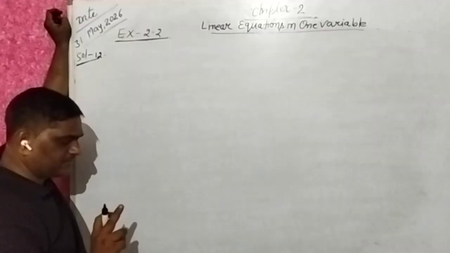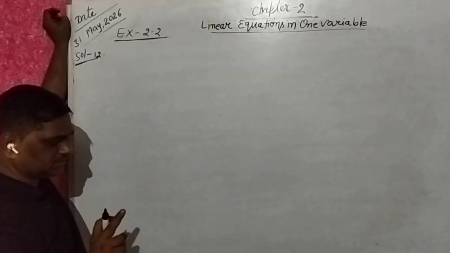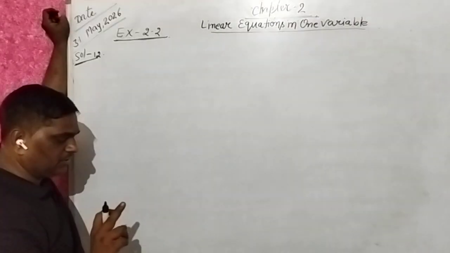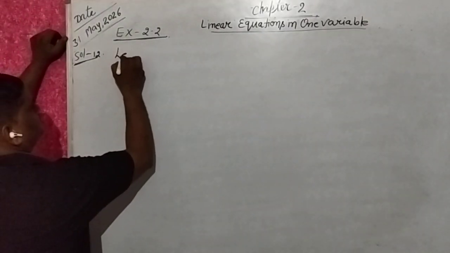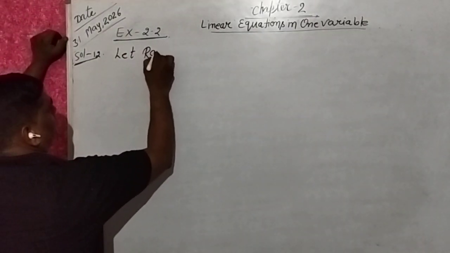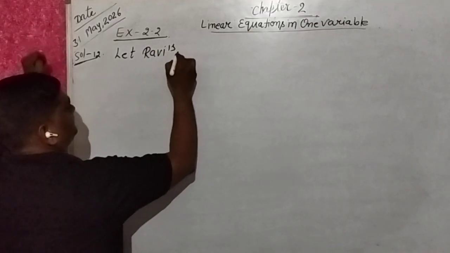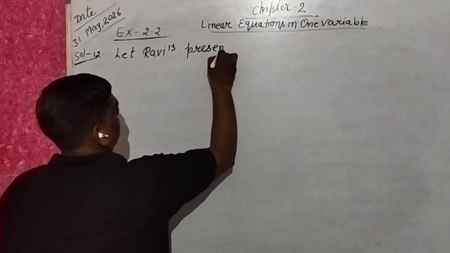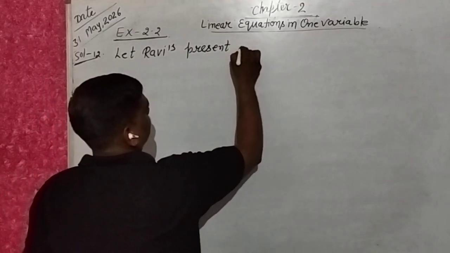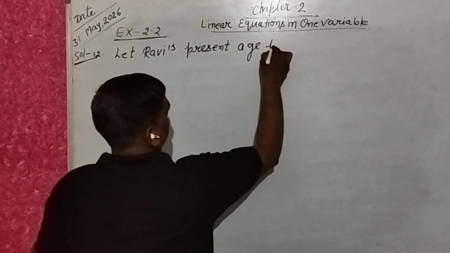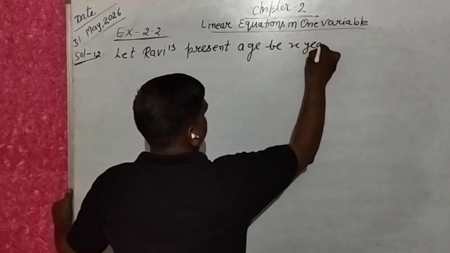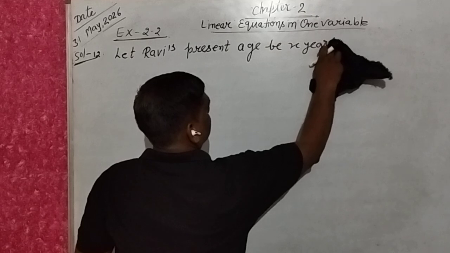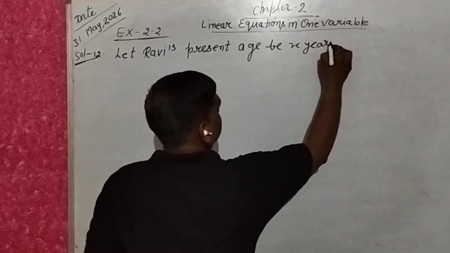What is Ravi's age? Let Ravi's present age be x years.